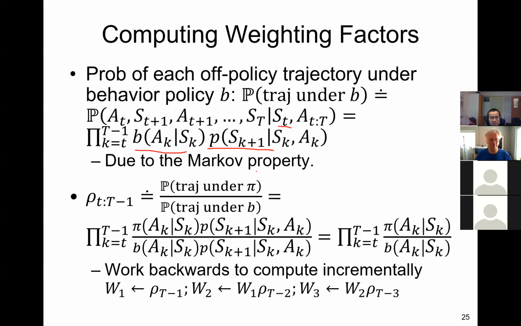The rho term we saw before is the probability of the trajectory under pi, the target policy, over the probability of the trajectory under b, the behavior policy, whose only difference is the pi here and b here. And the transition terms cancel out. So we have this term. And we can work backwards to compute more efficiently.